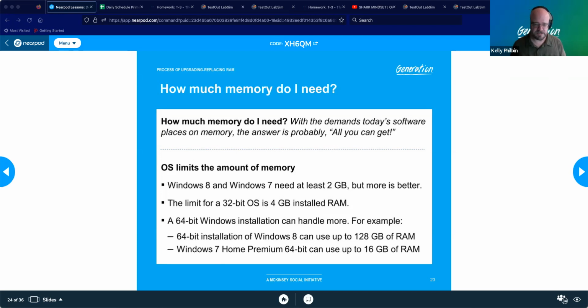So UDIMM is an unregistered, so it's an unbuffered or unregistered DIMM. I don't know the immediate answer on that one, Kaylee. I'm just doing a quick check.